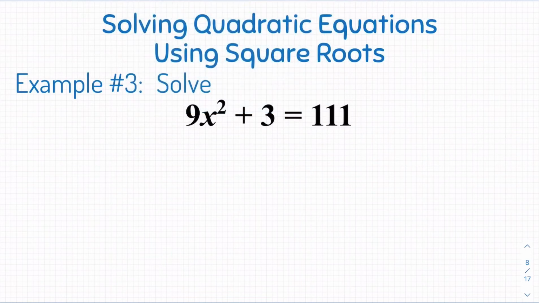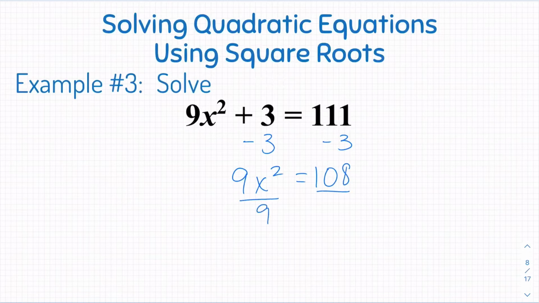So in this example, I'm going to start by subtracting 3, and 111 minus 3 gives you 108, and 108 divided by 9 gives you 12. So I get x squared equals 12.